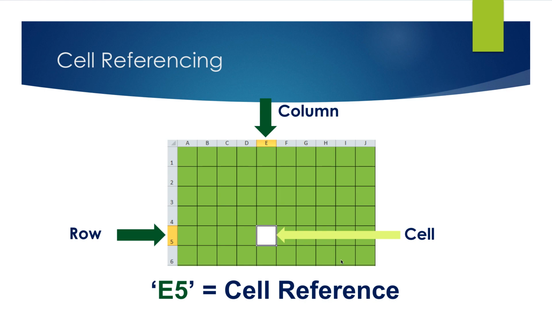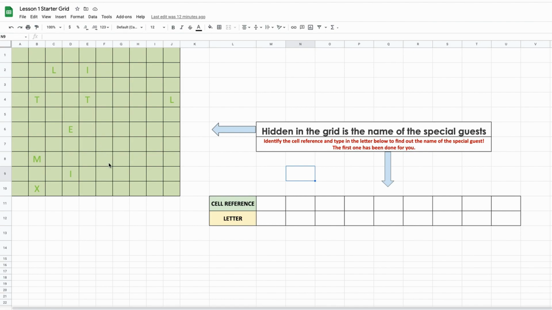Let's do a little activity before we move on to the main task. In this grid, I have hidden the name of a special guest. What you need to do is figure out who that guest is by looking at the cell reference and writing down the letter. Let's do the first one together. I can see L in this cell. Remember, we look at the column first, so that's C, and then the row, 2.